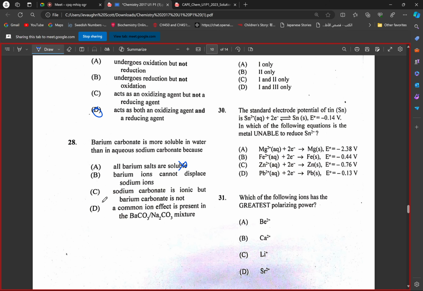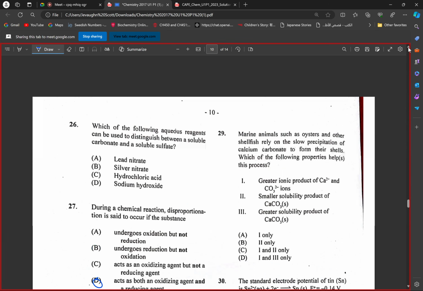Okay. Are we sure? Because the common ion effect will push it out. Carbonate ions produce a precipitate.